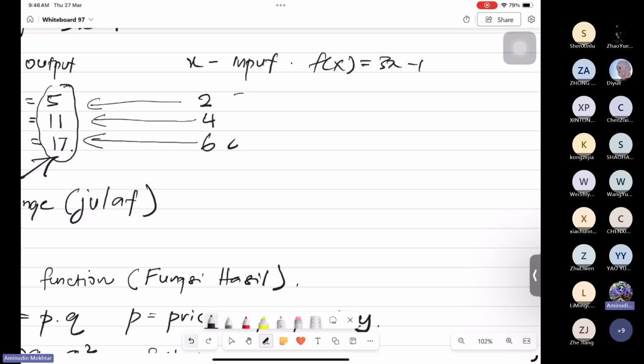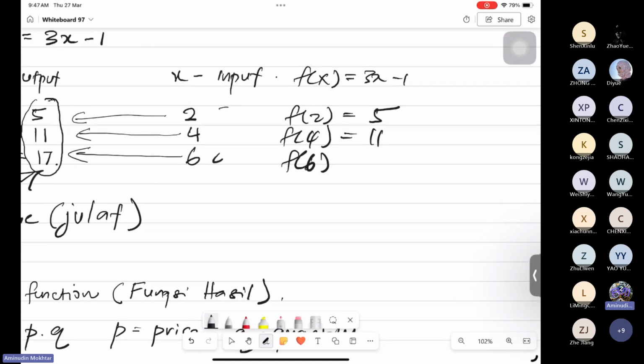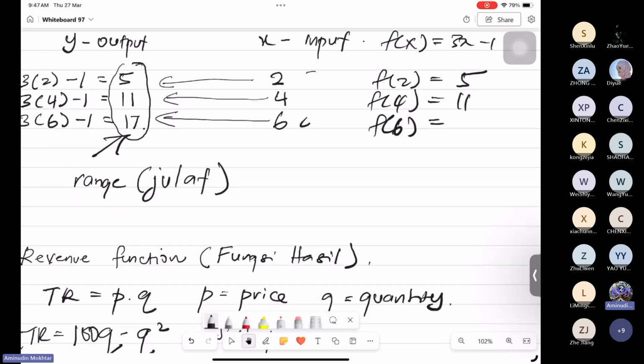Now we know that x equal to 2 can also be written as f(2). f(2) equal to 5. f(4), when x equal to 4, y equal to 11. f(6), when x equal to 6, y equal to 17.